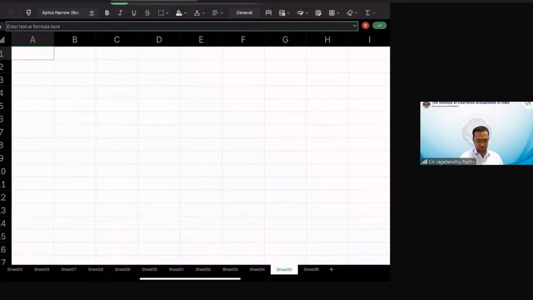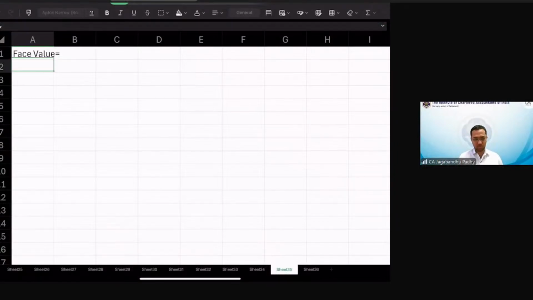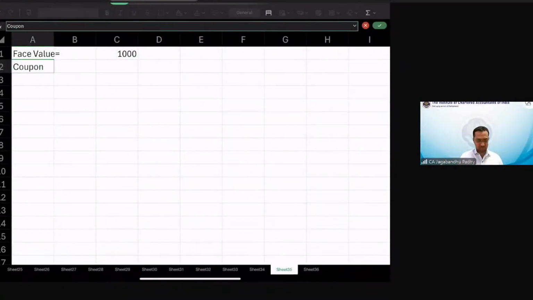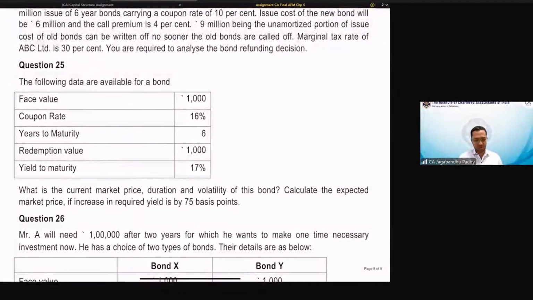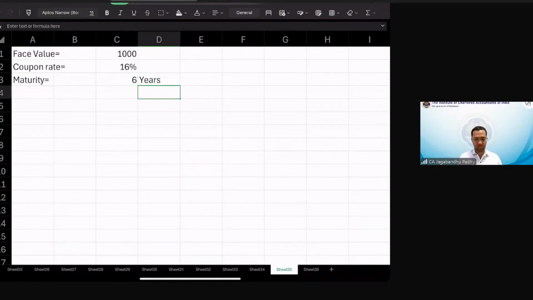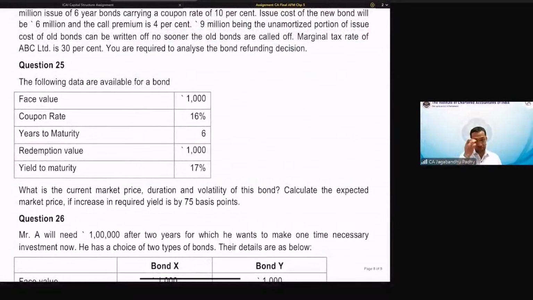So bond face value is 1000. Coupon rate is 16%. Years to maturity, so basically the time period to maturity, is 6 years. Redemption value is 1000.